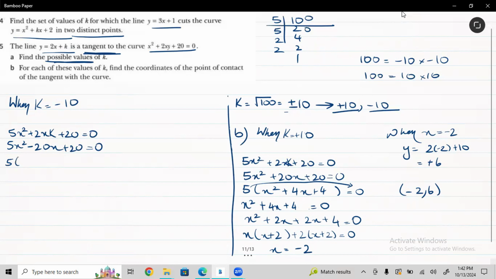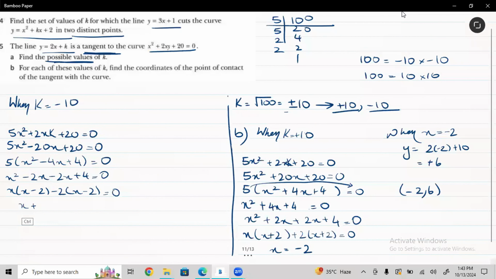Take the common 5, x squared minus 4x plus 4 is equal to 0. So we are going to get x squared minus 2x minus 2x plus 4 is equal to 0 after the middle term break. So x as the common, x minus 2 here, minus 2 as the common here, x minus 2 is equal to 0. So our answer is x is equal to positive 2 when k is equal to negative 10.